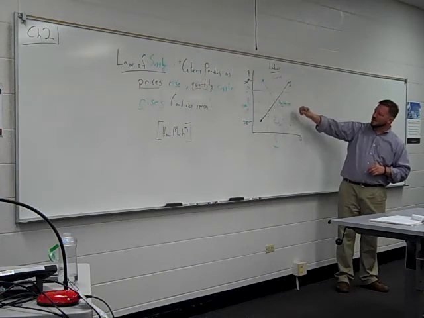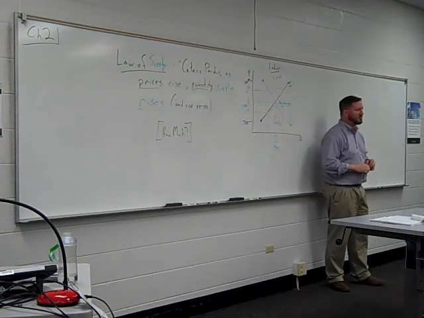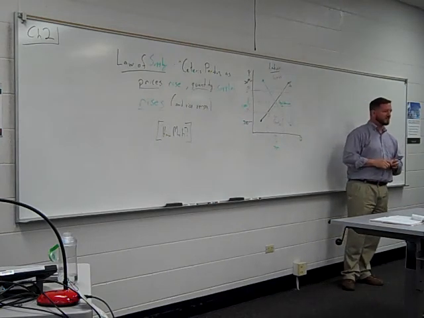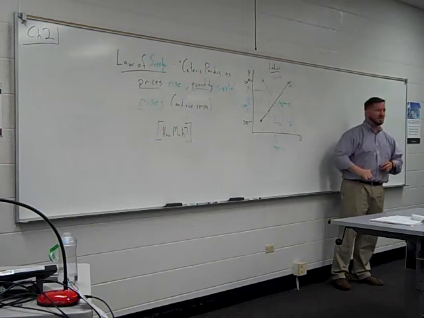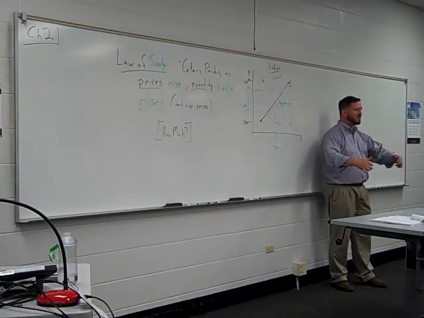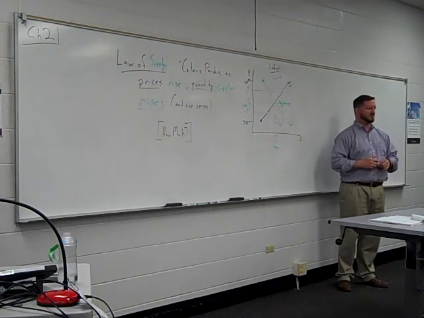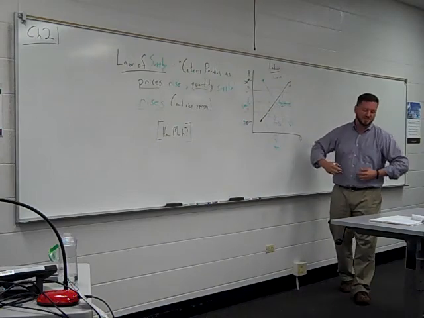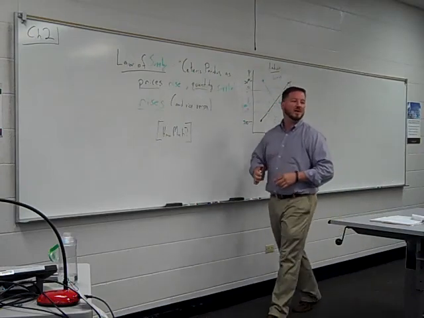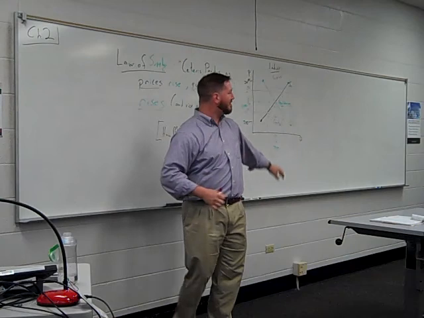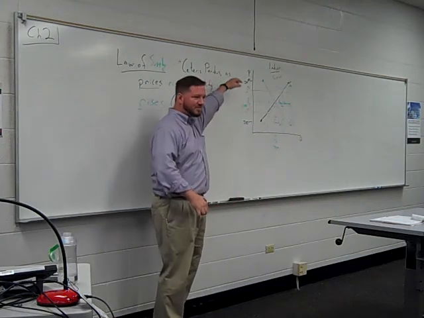But I want you to see how we can use this sort of framework, this sort of thought experiment, our supply and demand graphs, to think through what we think might happen in markets. A lot of this semester we're going to talk about what happens in markets, how people make decisions. This is our microeconomics.